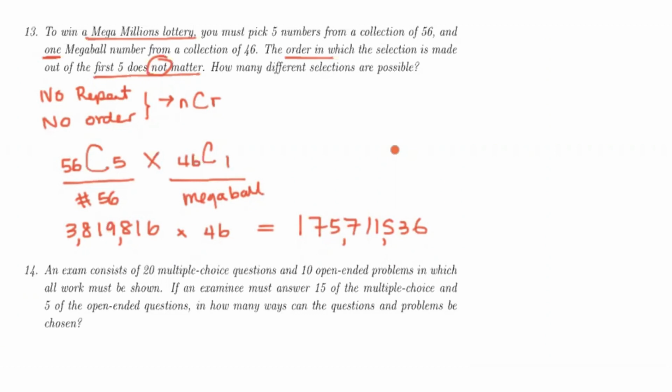175,711,536 ways to choose 5 numbers from a collection of 56 and 1 Mega Ball number from a collection of 46. Another way to say it is, it's really hard to get that jackpot. If I had that money, I would move this money to an annuity.